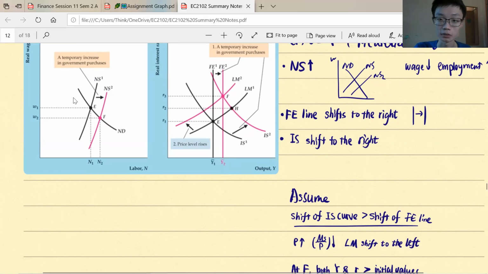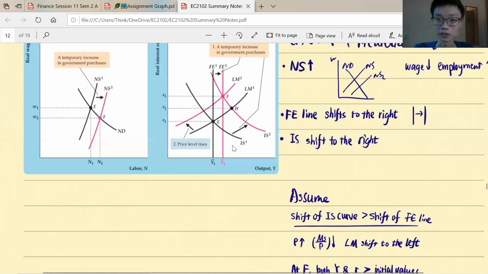So as the price increases, the real money supply will fall. What happens in the asset market? Well, the equilibrium interest rate will rise, because less supply compared to demand means the interest rate is going to rise.